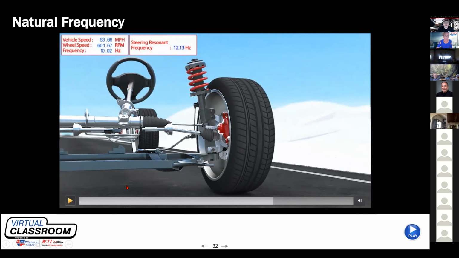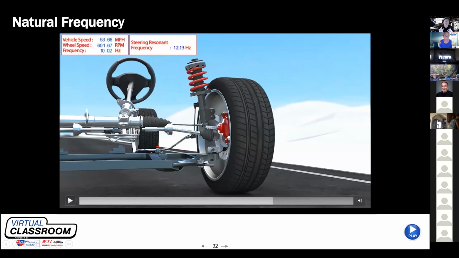And I'm going to pause this again. Up at the top, I have got the vehicle speed, I have the wheel speed in revolutions per minute. I have the frequency. So at, guys, 601 RPM, my tire is spinning 10.02 times a second, 10 hertz.